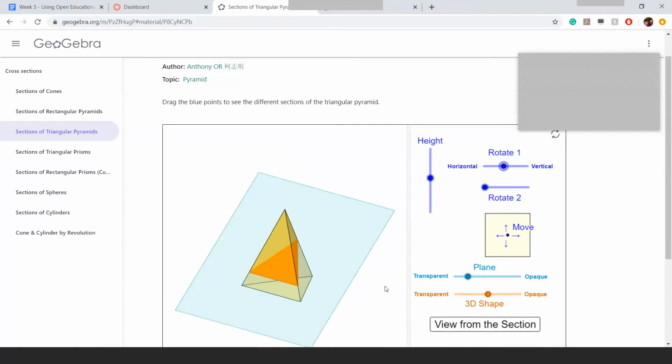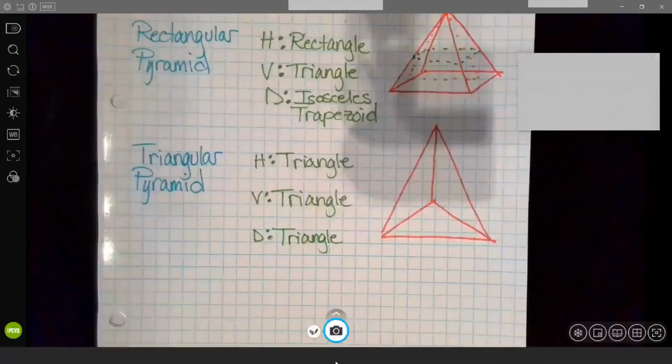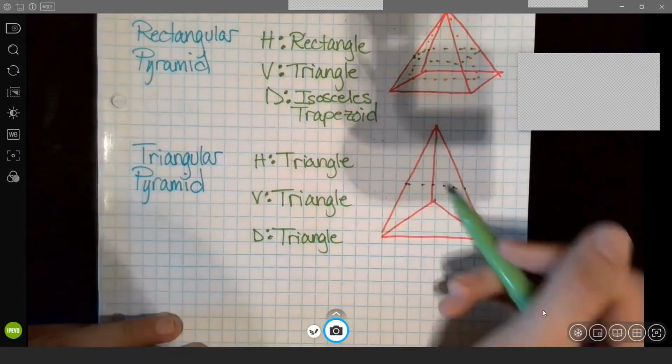We have three of the same shapes that exist in this pyramid. So going back to our paper, draw that out. Your horizontal cut is a triangle.